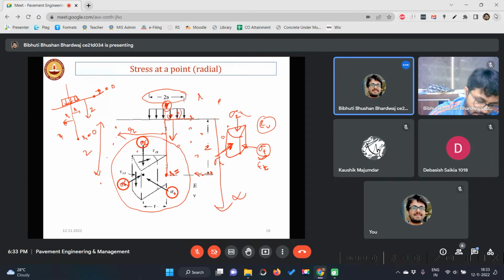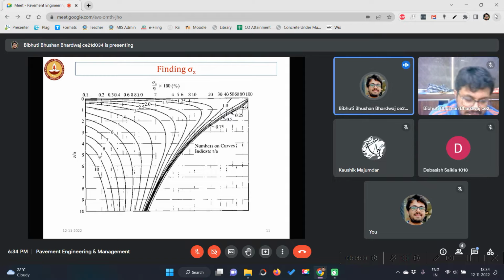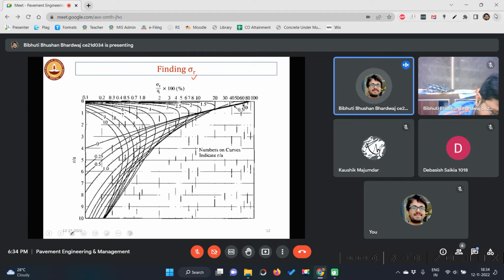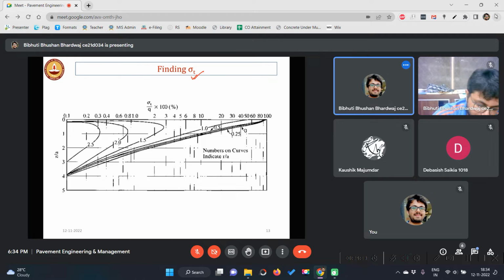Now if you see, we need only three types of stresses here: sigma z, sigma t and sigma r. These three stresses. These charts are already provided for how to find sigma z, sigma r, and sigma t.